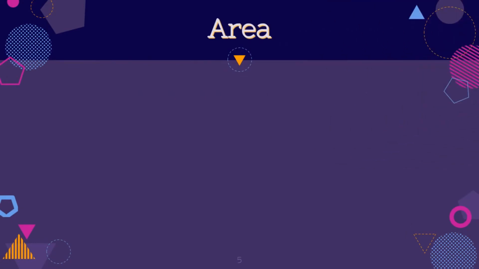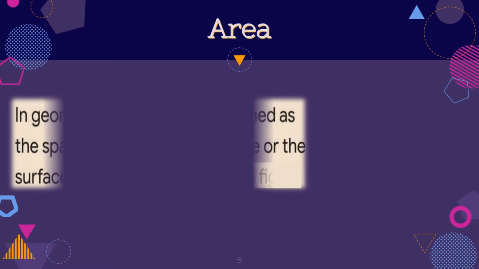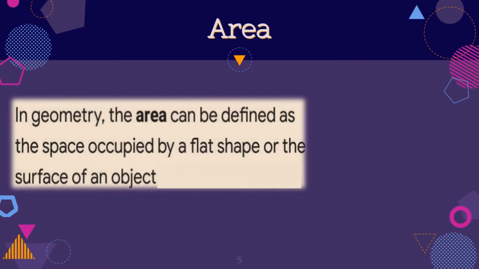Let us know about area. In geometry, the area can be defined as the space occupied by a flat shape or the surface of an object. The area of a figure is the number of unit squares that cover the surface of a closed figure.